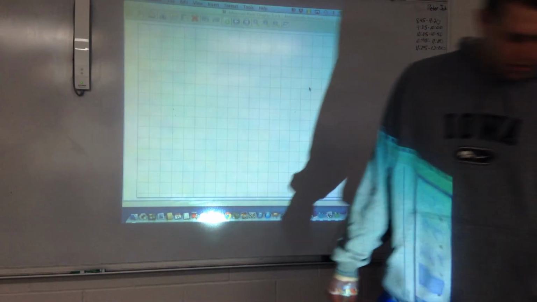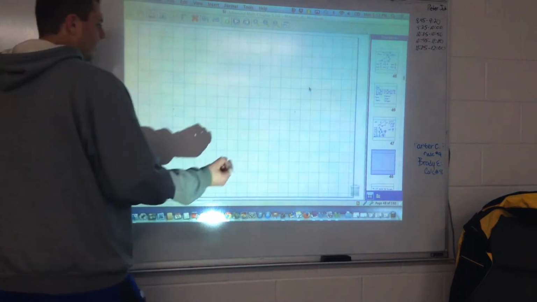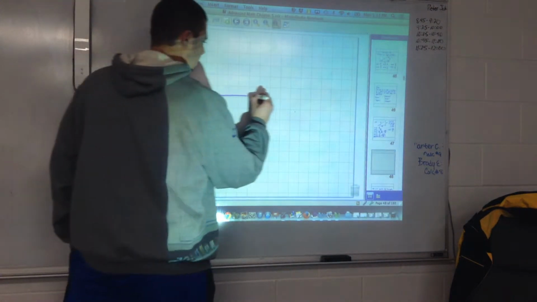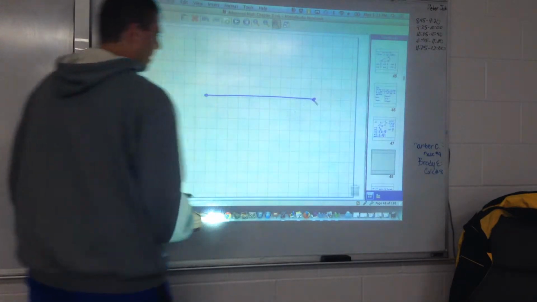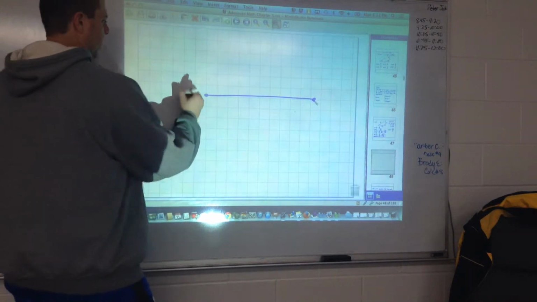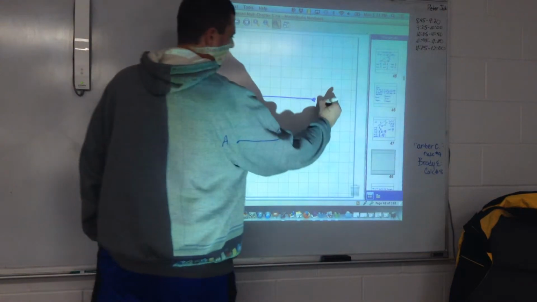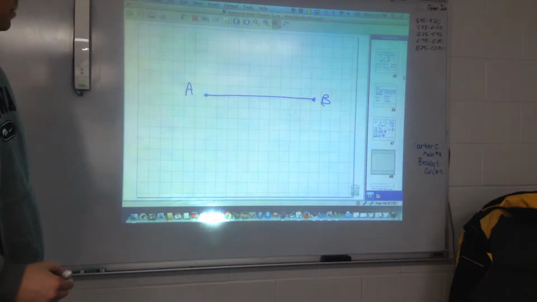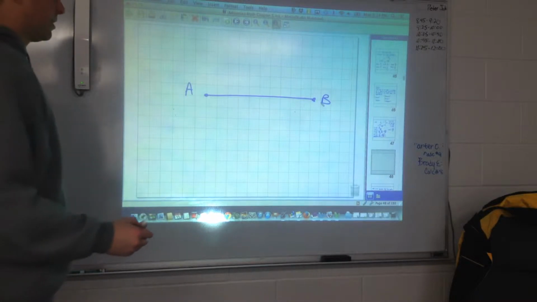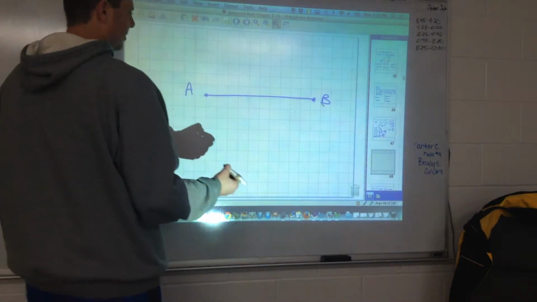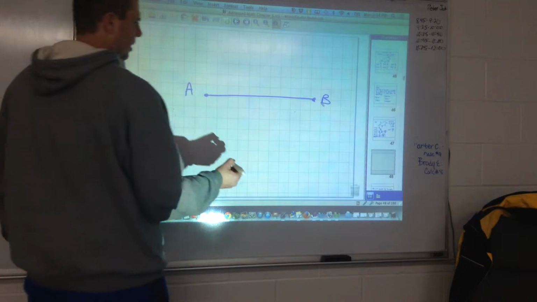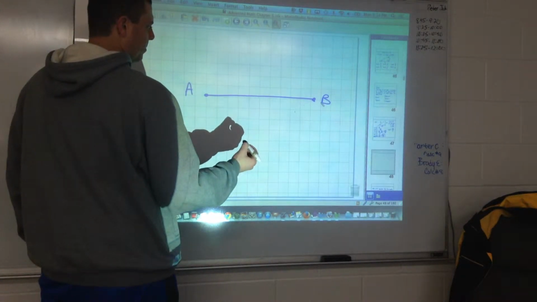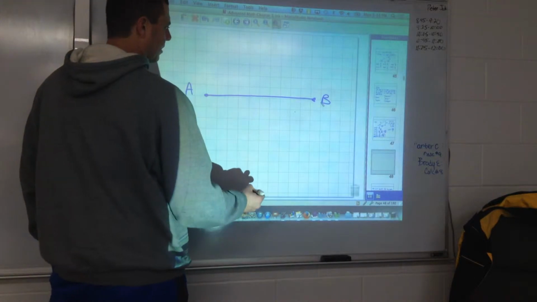Perpendicular bisector theorem basically says if I have any segment, doesn't matter how long it is, but any segment on a plane, if I draw the perpendicular bisector to that segment, well, perpendicular bisector means it has to do two things. It has to bisect it, in other words cut it in half, and perpendicular means it makes a 90-degree angle with it.